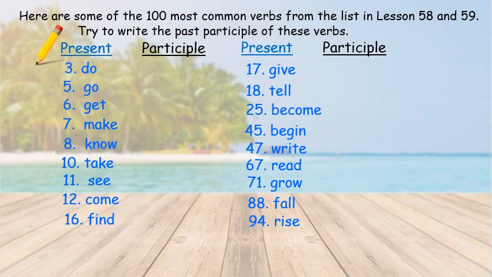Here are some of the 100 most common verbs from the list in Lessons 58 and 59. Try to write the past participle of these verbs. 3. Do. Done. 5.